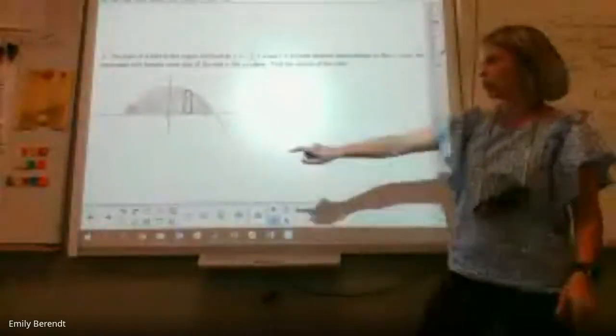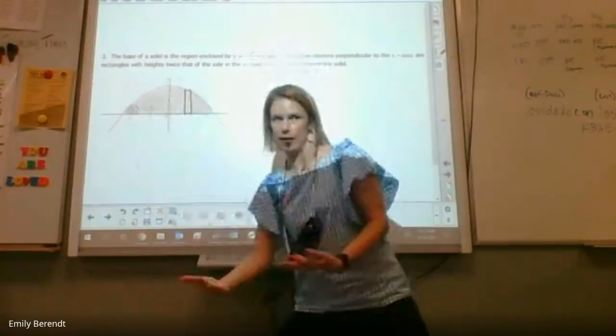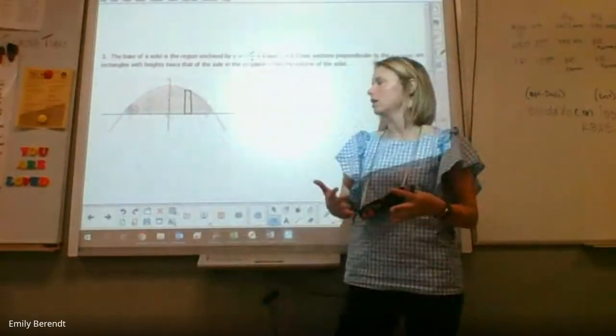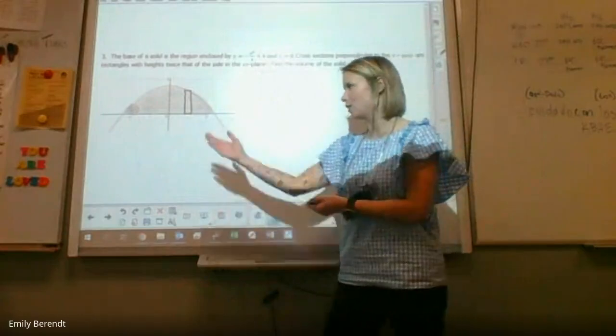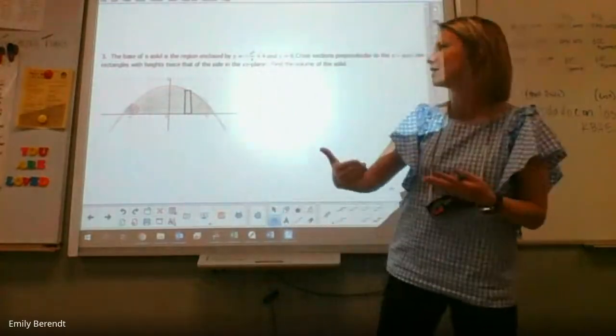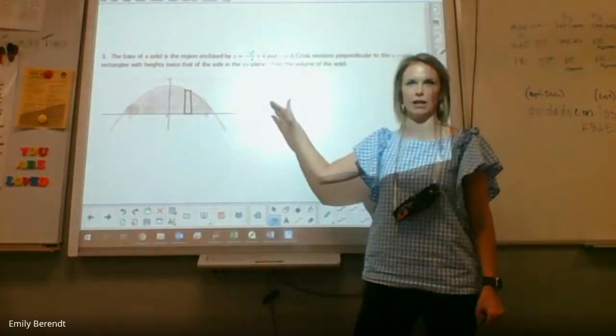So the XY plane is the two-dimensional parabolic bottom. I didn't say it's a semicircle because it's not part of a circle. So the height that's coming up at us has heights twice that of the side in the plane.